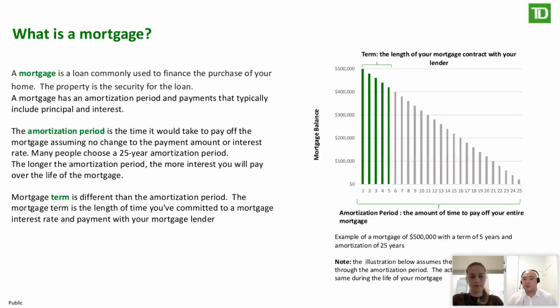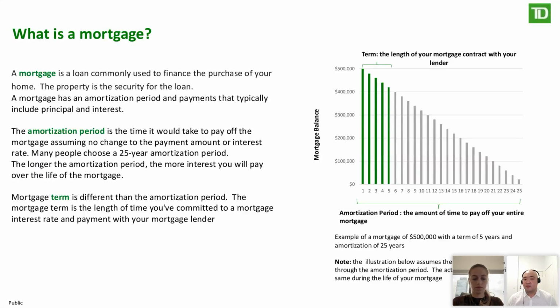The mortgage term is different in that when you first get your mortgage with the bank, oftentimes your mortgage term is not set for the whole amortization period of the loan. It's only set for a number of years. So in this example, we have the first 5 years highlighted in green. As denoted up top, this would be the mortgage term, right? So you only have a set interest rate negotiated with your bank and a set expected monthly payment to be paid for the first 5 years of your term.